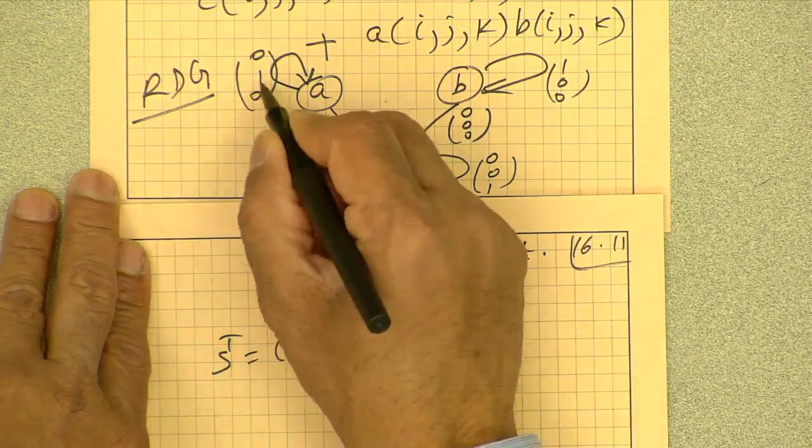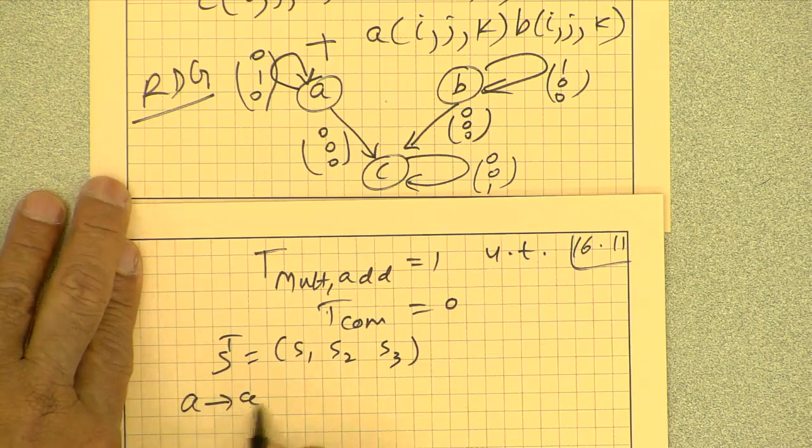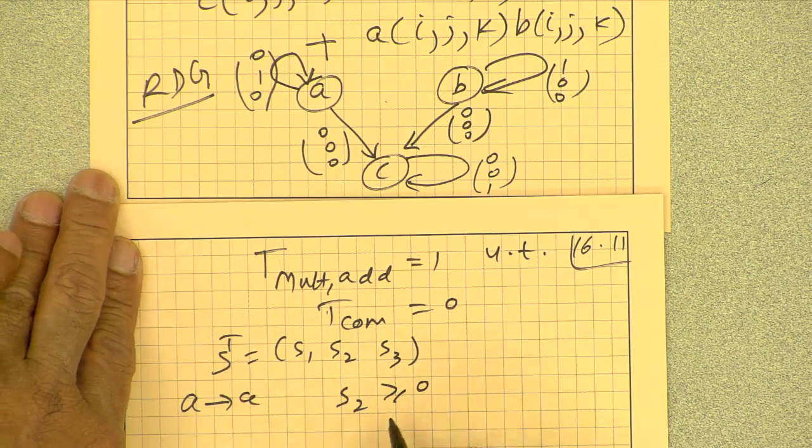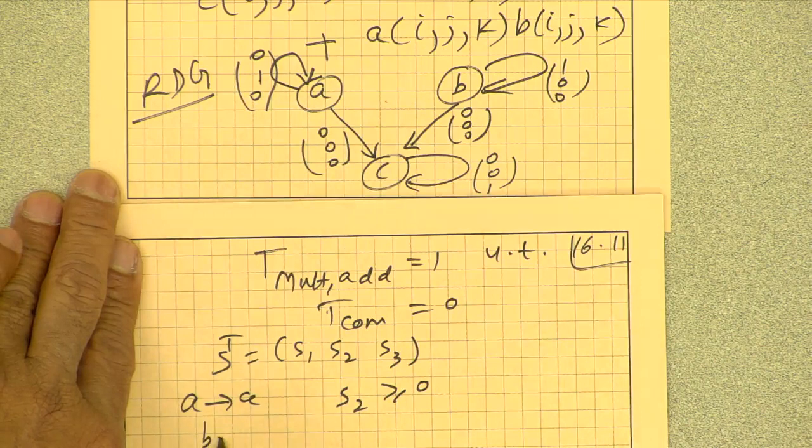be 0. So, for the edge A to A, that simply says S2 is greater than or equal to 0. And this is S1 times 0 plus S2 times 1. For edge B to B, that says S1 must be greater than or equal to 0.